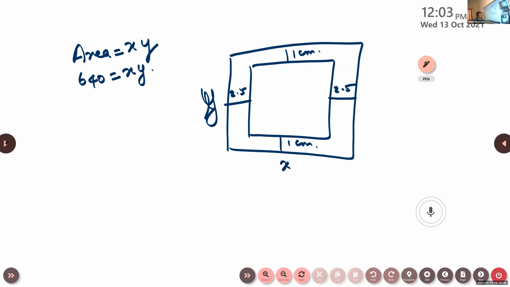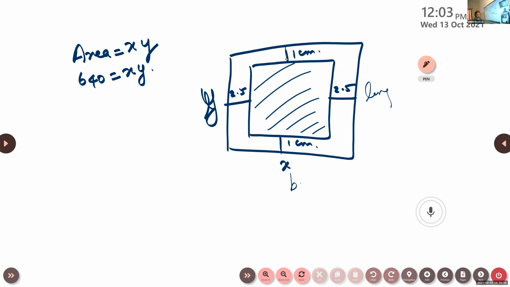Now answer the first question. If the length and breadth of the rectangular part on which the slogan is printed are respectively. So this is the printed area. What will be the length and breadth of the printed area? This is what they are taking as length and this one as breadth. Here it is 1 centimeter, here it is 1 centimeter.